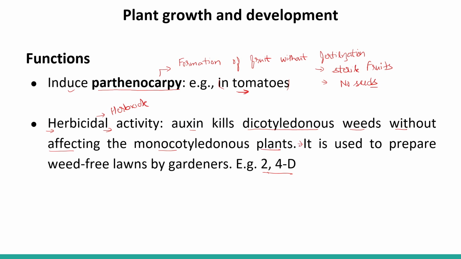Because of this characteristic, it is used to prepare weed-free lawns by gardeners. So auxin has commercial importance here. 2,4-D is sold in the market and used for the preparation of weed-free lawns by gardeners.